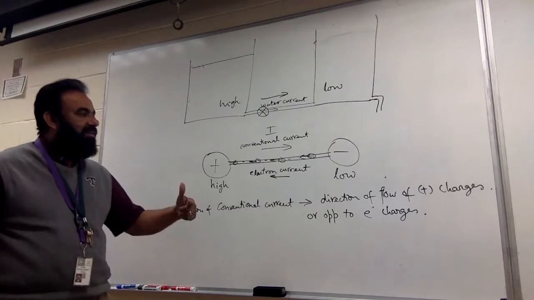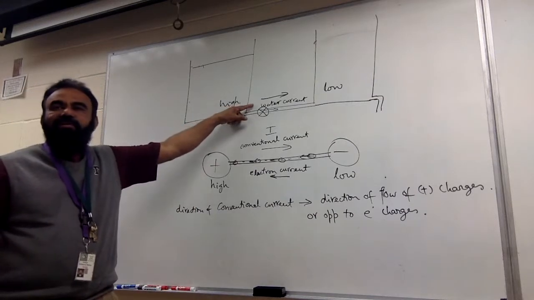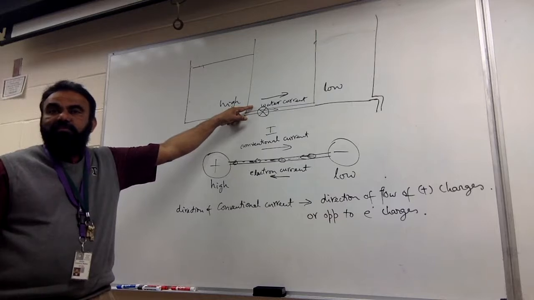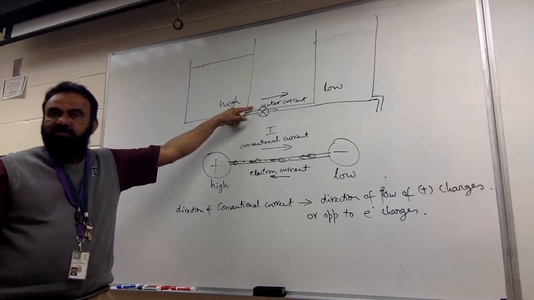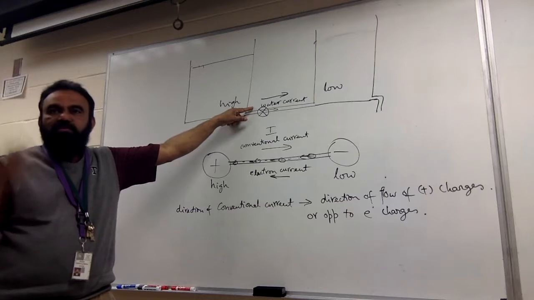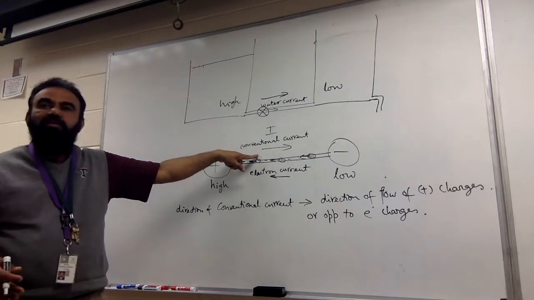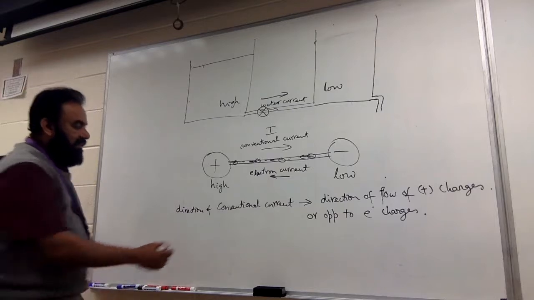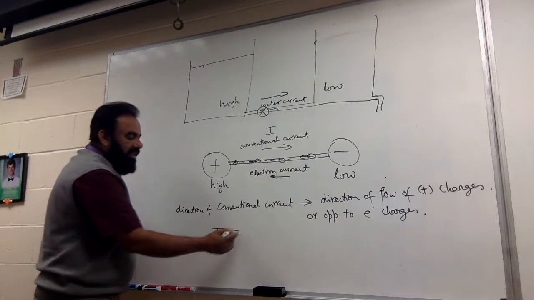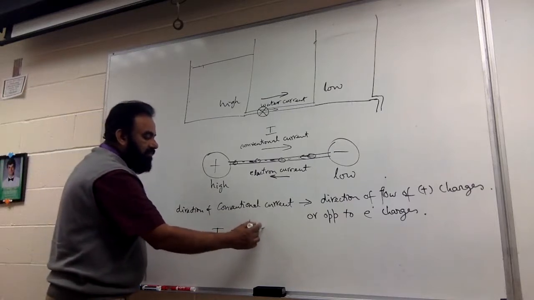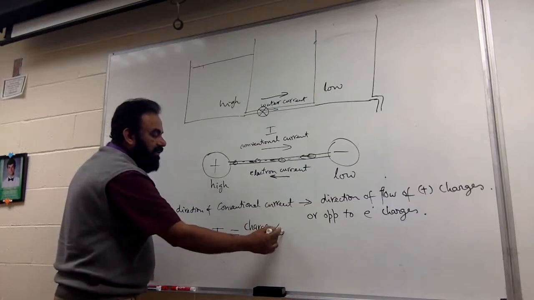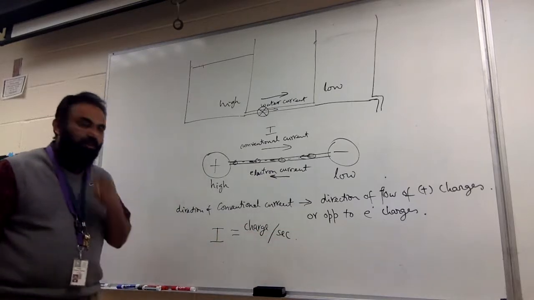So what is I defined as? What is water current defined as? The amount of water per second, the volume of water per second. That is what water current is. The same way here, the conventional current, I, is defined as the charge per second. Charge flowing per unit time.